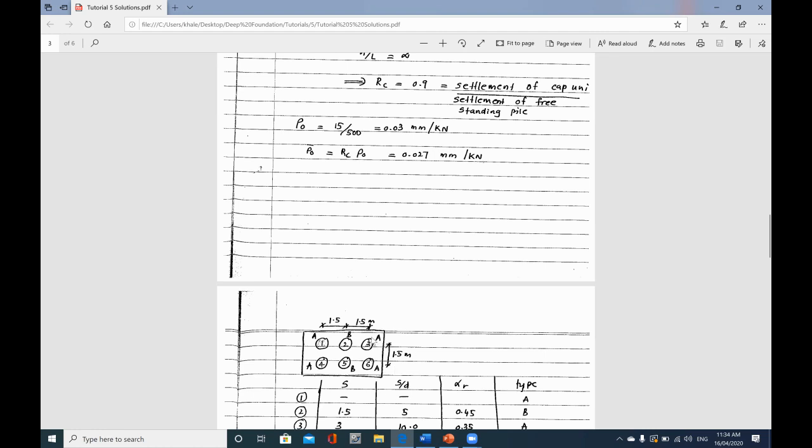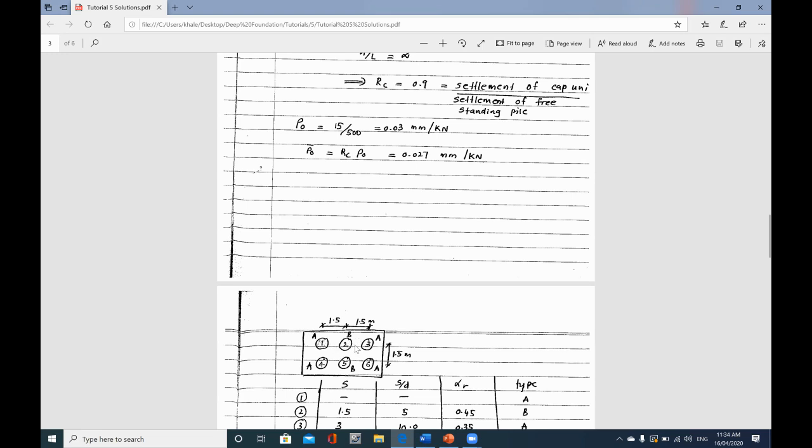So we know that the settlement of these piles will not be the same. So the settlement on the edges or in the corners will be less than the settlement in the middle. So we'll have a dip shape. So we need to calculate what's the value of rho A and what's the value of rho B.